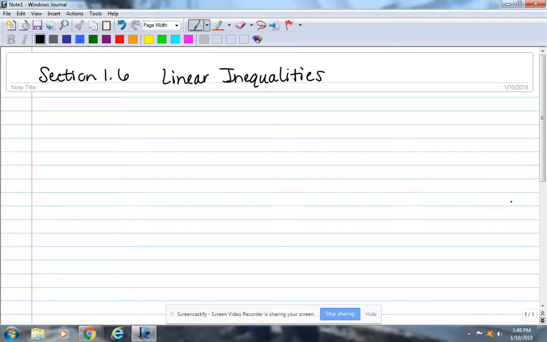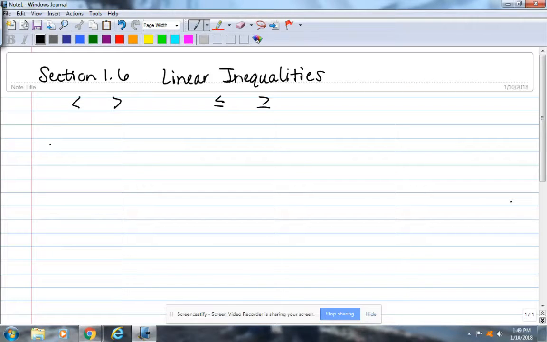So if we have expressions that are not equal to each other, that means they can be less than or greater than, or less than or equal to, or greater than or equal to. So if we have something that's an inequality, that means it's one of these four symbols.